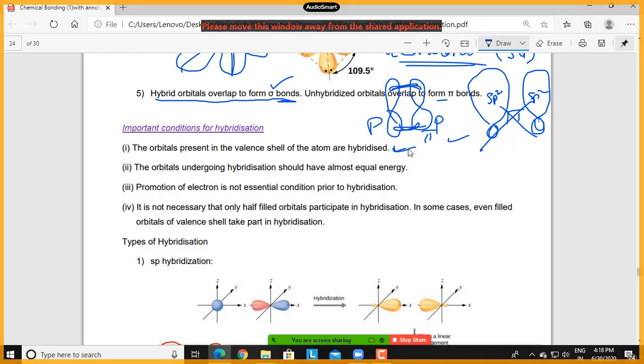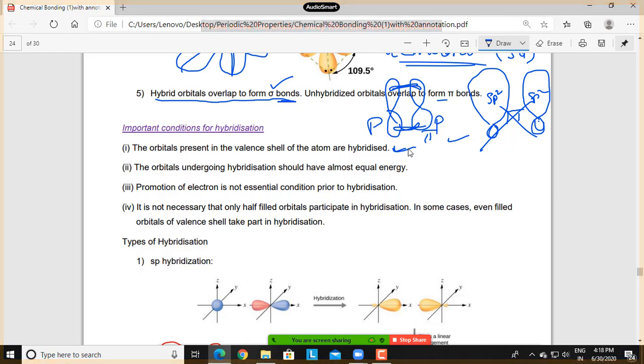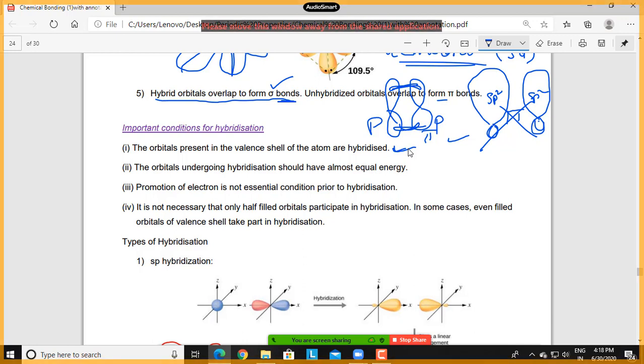We have seen in boron trifluoride also that only valency shell orbitals are hybridized. We can take more examples of molecule formation, but let us first complete the theory, then we can apply it to the formation and explanation of molecules.